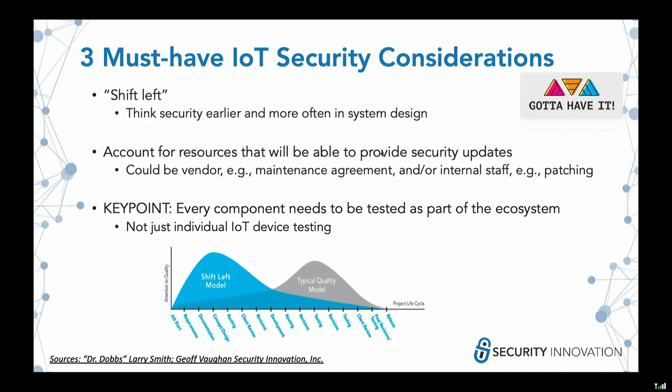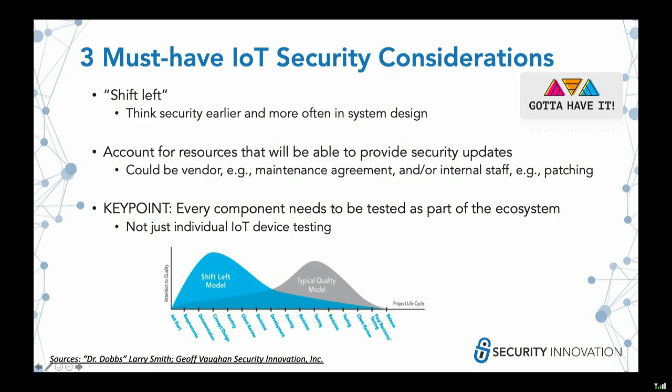Well, that's a possibility if you have an appropriate maintenance agreement or service level agreement, but you may have to allocate internal staff to do it or depend on an IT team to do it or an operations team to do it. The point here is that you need to allocate some type of resource, whether it's dollars, a license agreement, or staff, to ensure that those updates actually happen, because that's the one place, as I mentioned in the previous slide, you're most likely to get attacked.